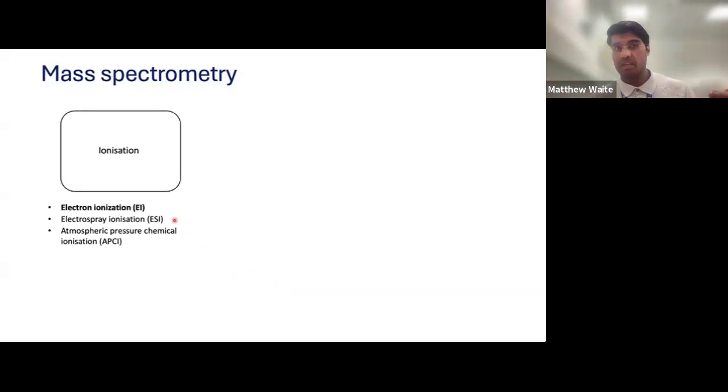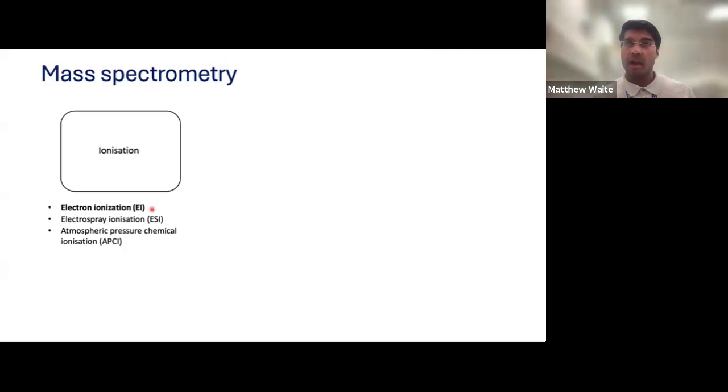Usually in LCMS, not GCMS, but in LCMS, you might use electrospray ionization or atmospheric pressure chemical ionization. In GCMS, the most widely used ionization method is electron ionization. This is a hard ionization method because in this method, these molecules travel through a really high energy beam of electrons.